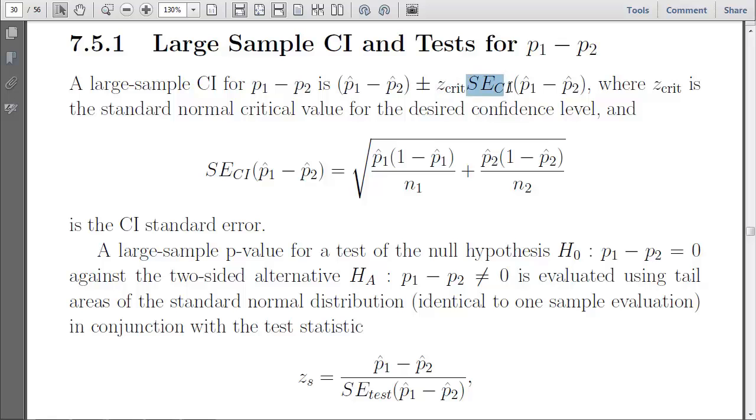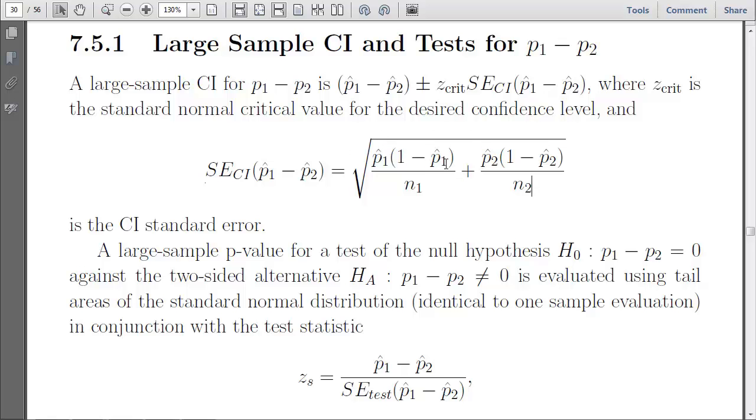And then the standard error of the difference needs to account for both the variability or the uncertainty in estimating the first proportion and the uncertainty in estimating the second proportion. So this standard error is calculated down here, and it's effectively just the variance of the first population plus the variance of the second population, take the square root.